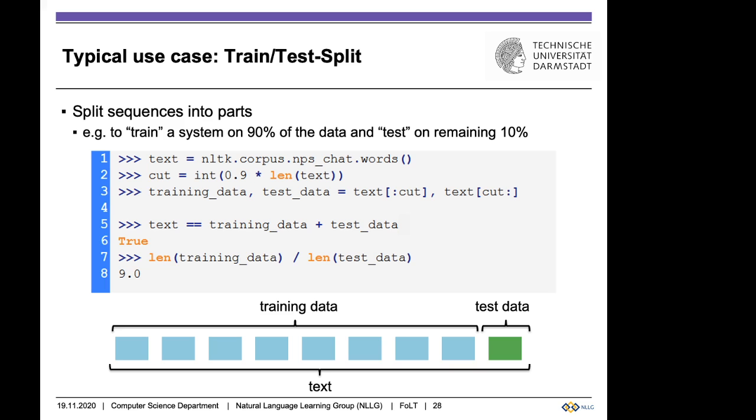To do so, we first have to split the corpus into training and test datasets. In this example, we use 90% of the words for training and the remaining 10% for testing. Now we can train the classifier to learn the decision boundaries for word classification on the training dataset. After training, we can test the classifier's capacity on the test dataset.